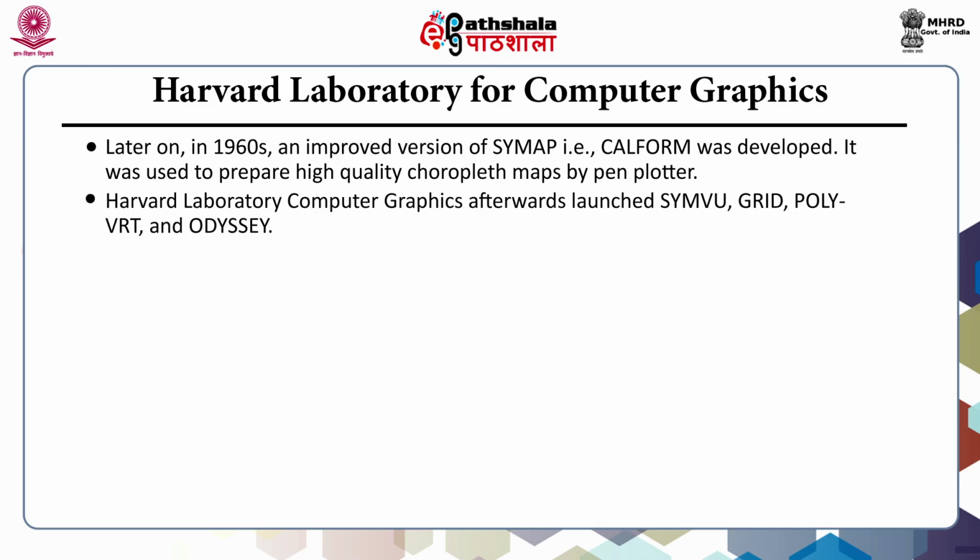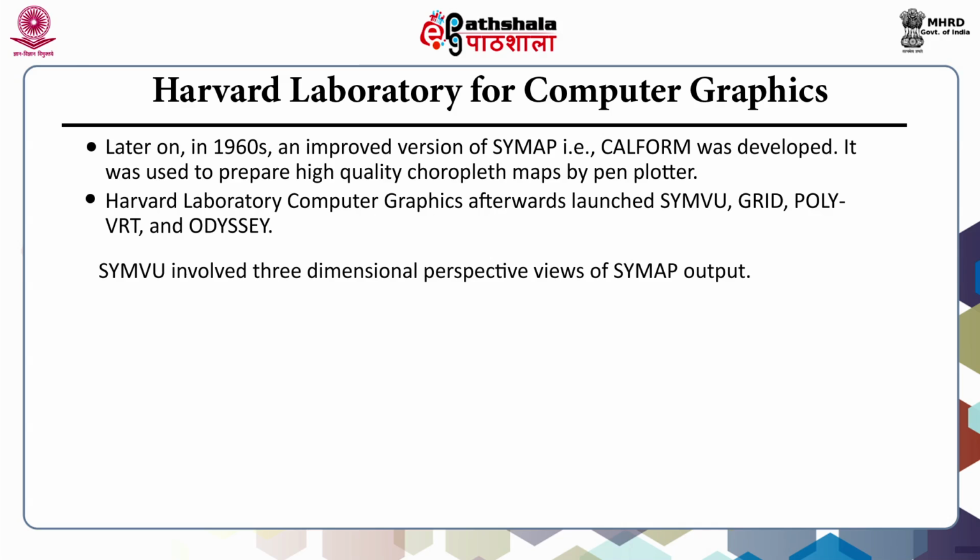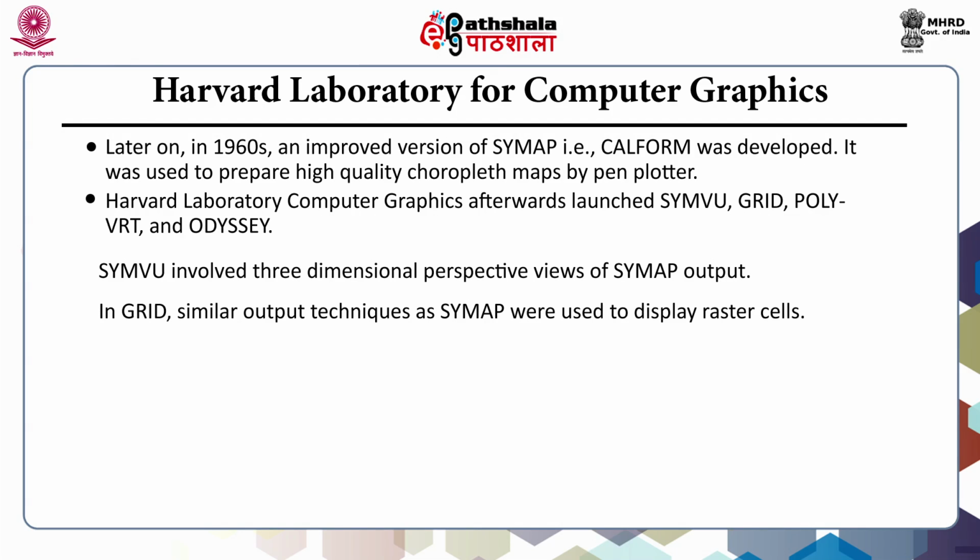The Harvard Laboratory for Computer Graphics afterwards launched SYMVU, Grid, PolyVRT and Odyssey. SYMVU involved three-dimensional perspective views of SYMAP output. In Grid, similar output techniques as SYMAP were used to display raster cells.